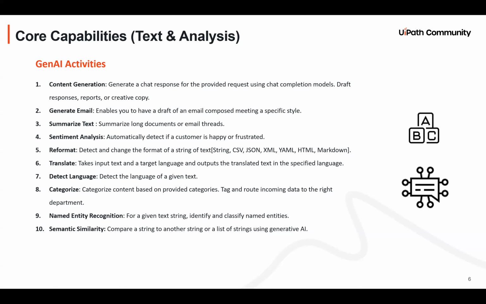In that case, with traditional RPA, we cannot set lots of rules, right? We cannot daily or weekly set or change the rules to identify the right category of emails, like queries or escalations or any other type of category. So we cannot do that using traditional RPA.